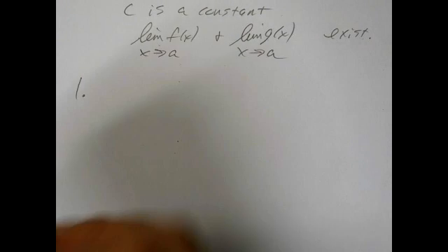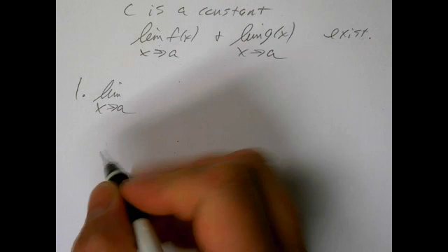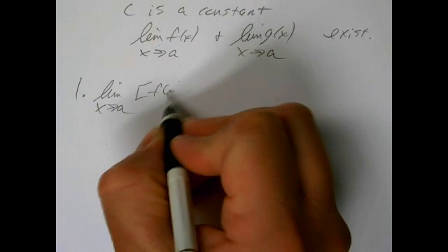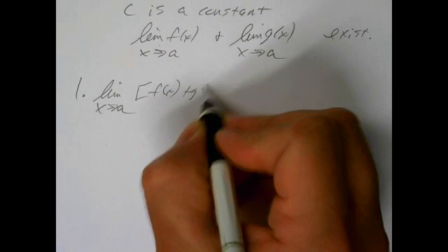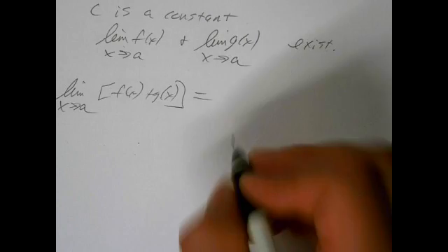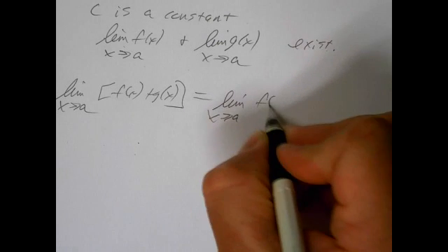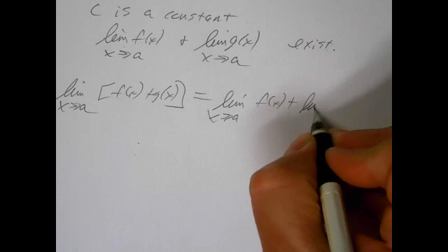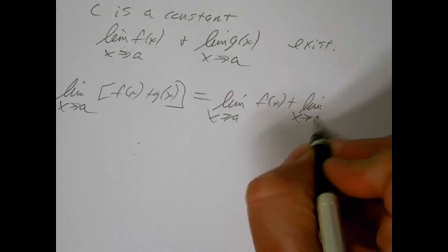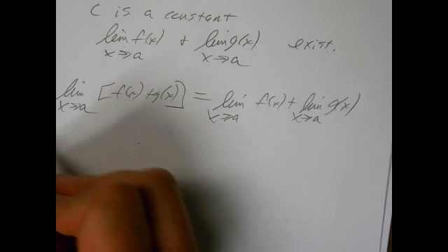Number one, the limit as x approaches a of f of x plus g of x is equal to the limit as x approaches a of f of x plus the limit as x approaches a of g of x. There's your first law.